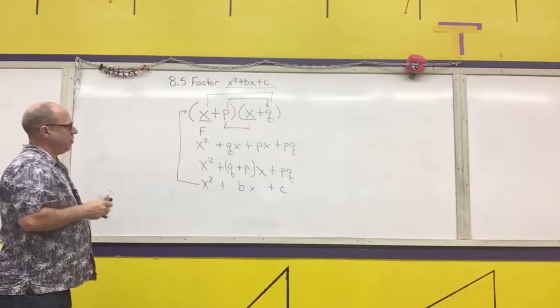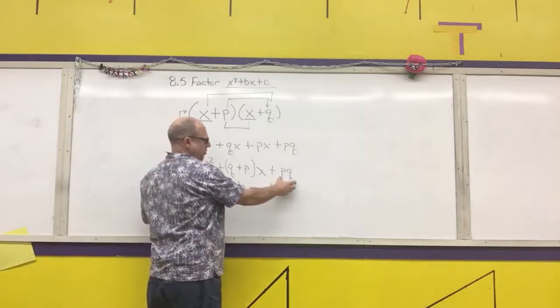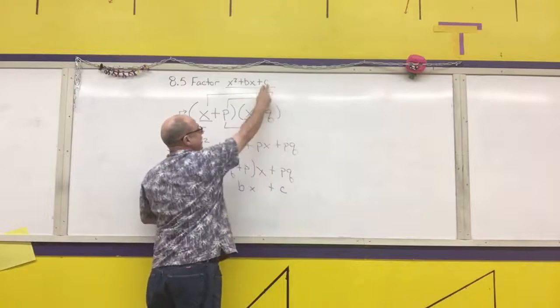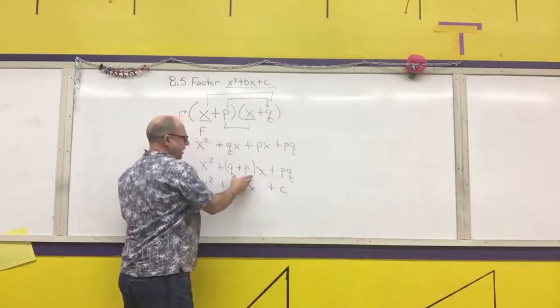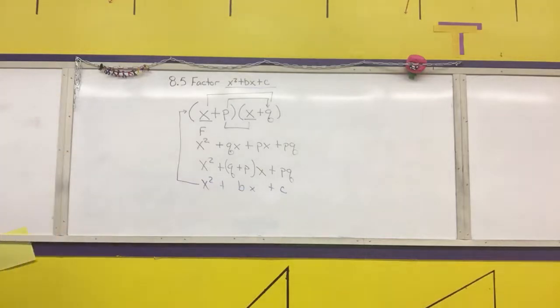So what we're going to want to do is find two numbers, p and q, that multiply to the last number and add to the middle number. So that's the key point for factoring this group of problems: finding two numbers that multiply to the last number and add to the middle number.